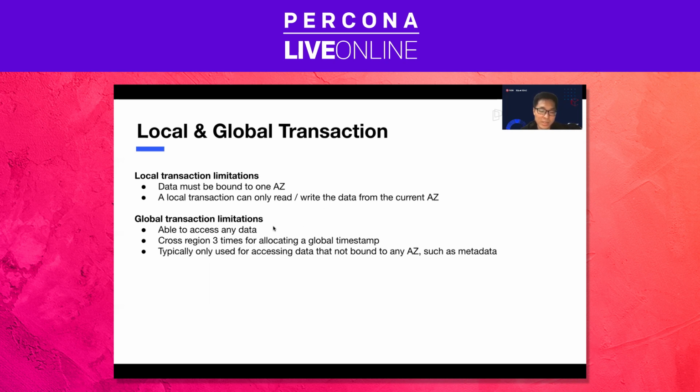For global transactions, they're able to access any data. However, one request will cross regions 3 times for allocating just one global timestamp, which is very expensive. So global transactions are rarely used. They're typically used for accessing data that's not bound to any AZ, such as metadata.